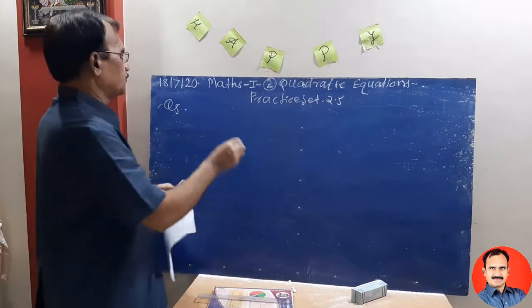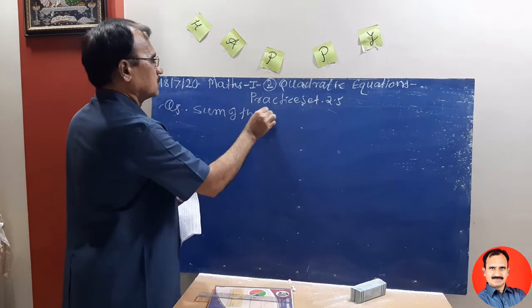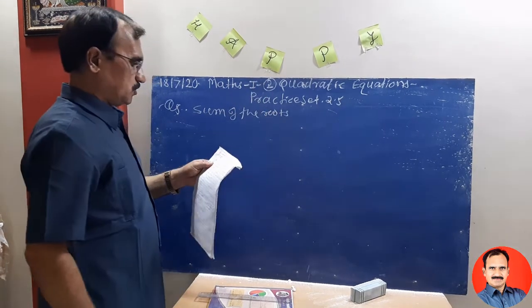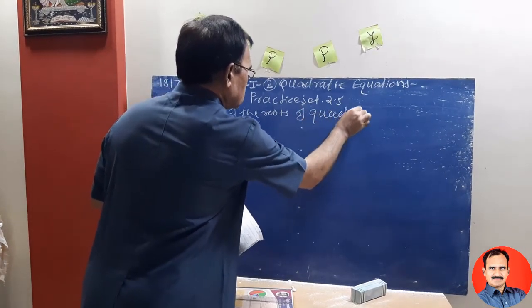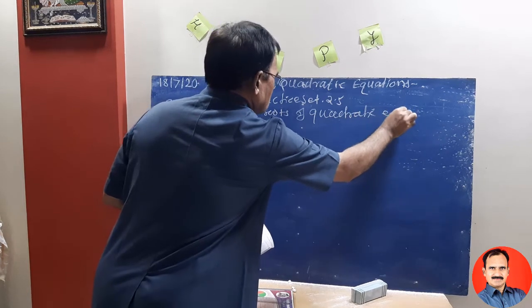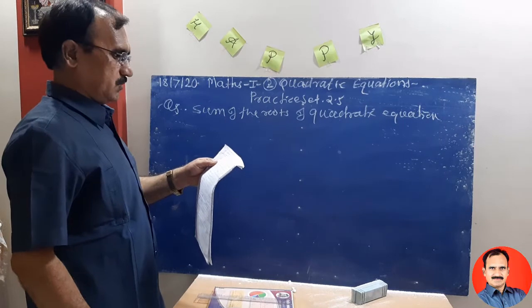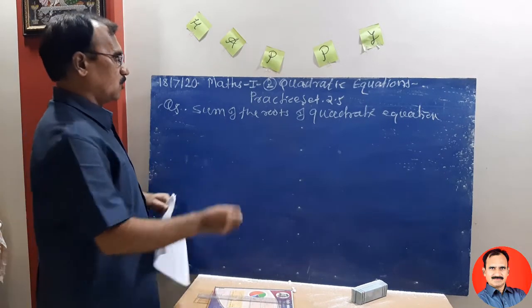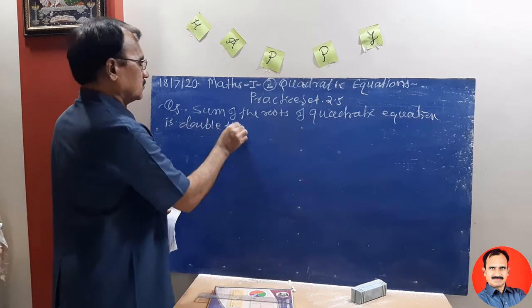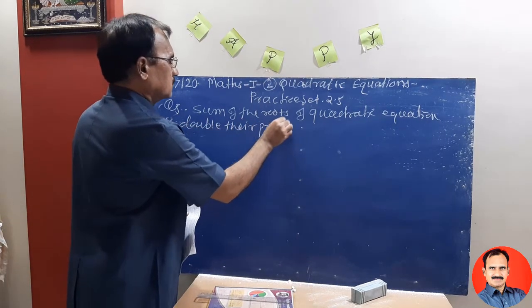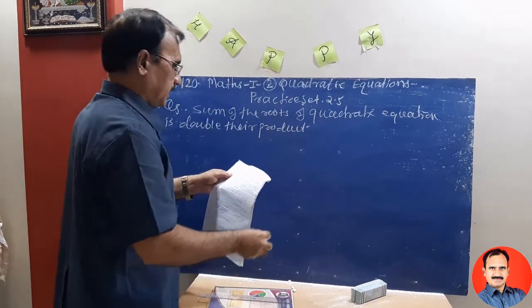Sum of the roots of quadratic equation is double their product. Find k.